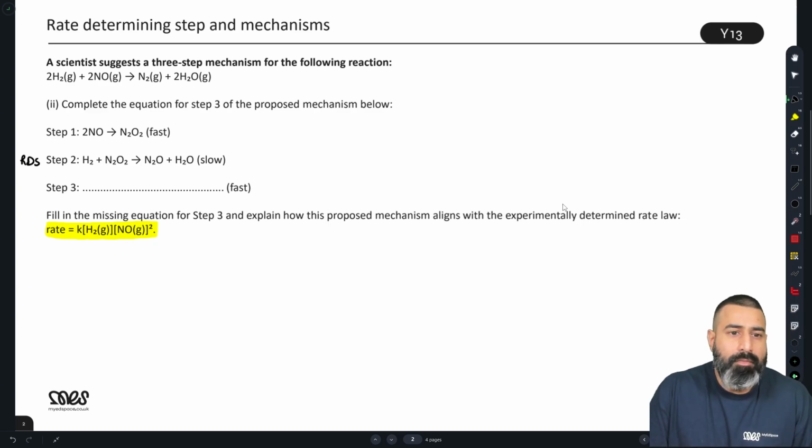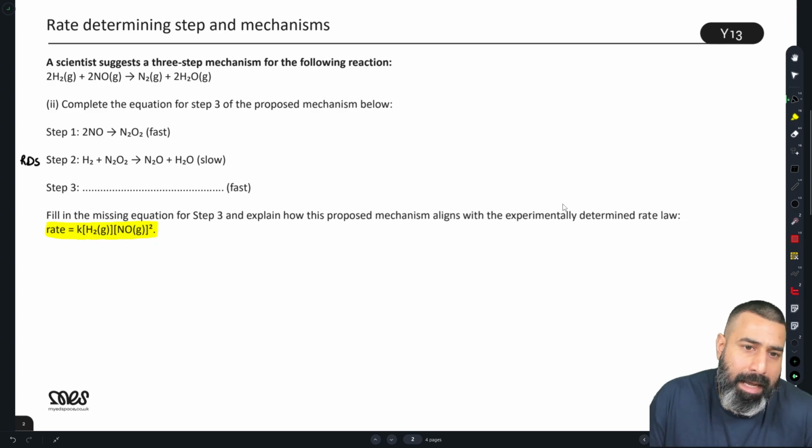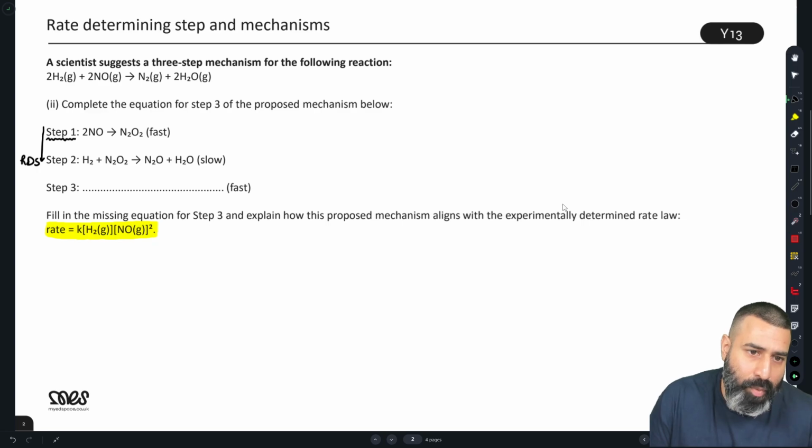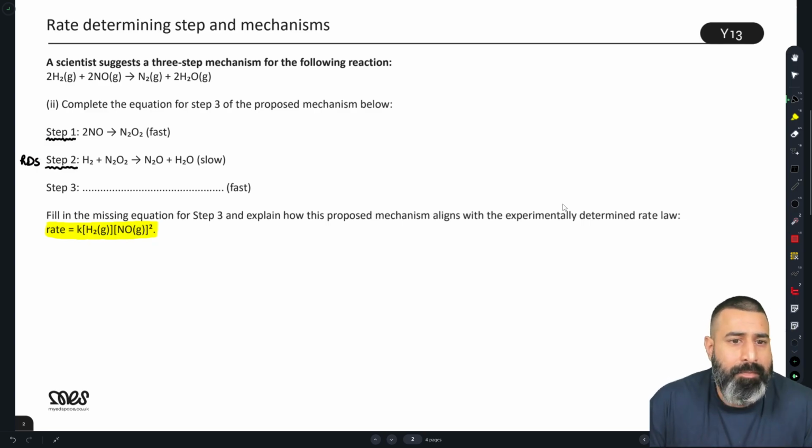Now, when we're looking at the rate equation, this includes all steps up to and including the RDS. So we must include species in step 1 and we must include species in step 2. So let's inspect step 1 and step 2. Step 1 is fast, fine, but the RDS is after that, so we must include step 1 species in our RDS.